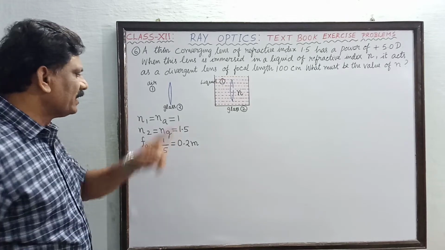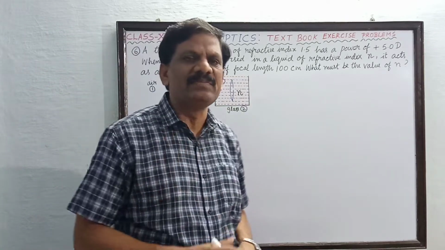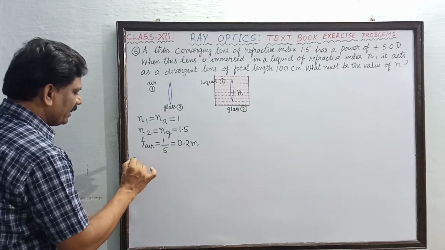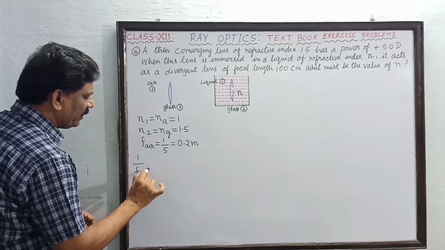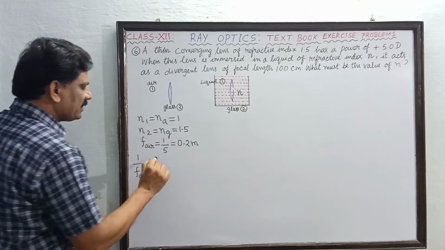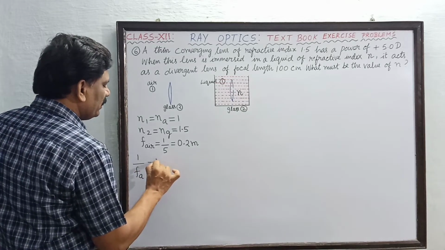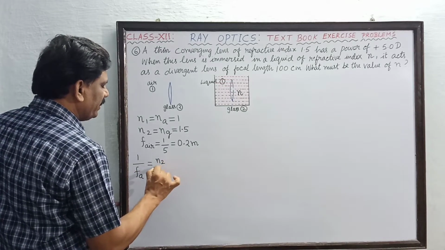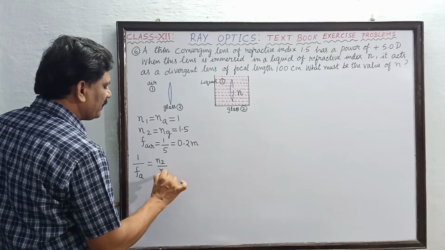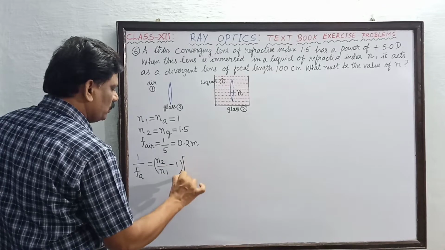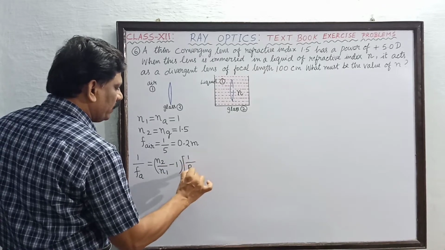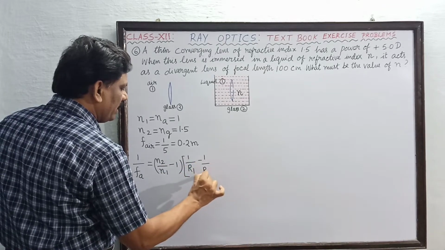Now the lens maker's formula: 1 by F air is equal to n of the second medium divided by n of the first medium, minus 1, into 1 by R1 minus 1 by R2.